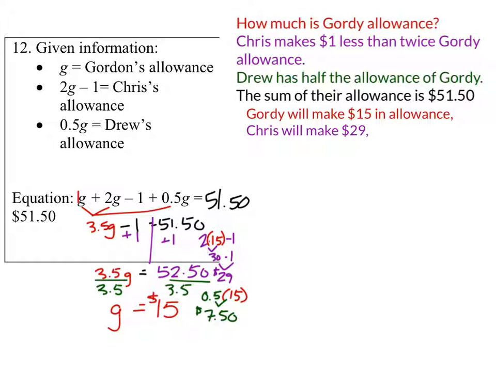And then we got Drew. Drew will make $7.50. Yeah. And that is the end of that one. Number 12.